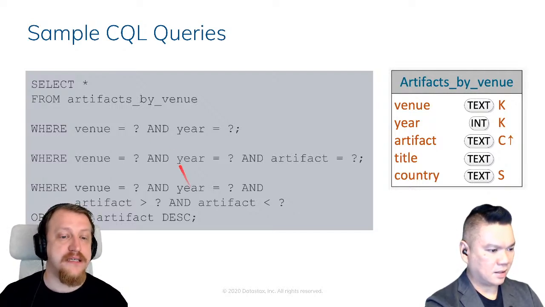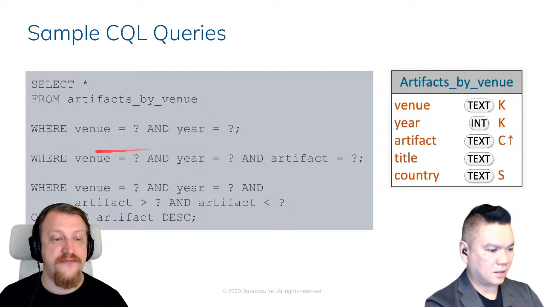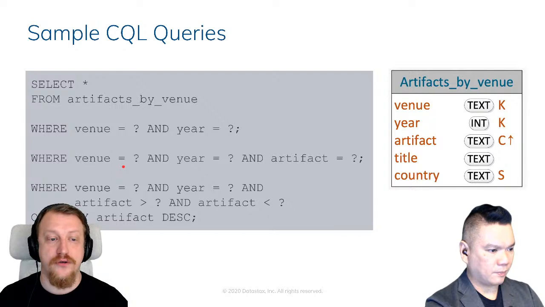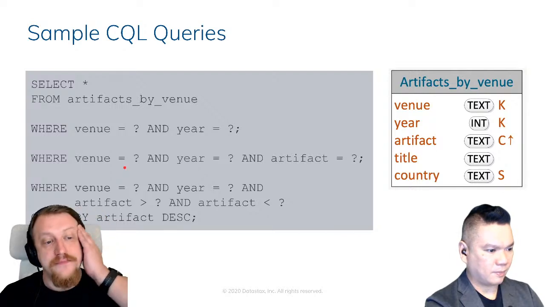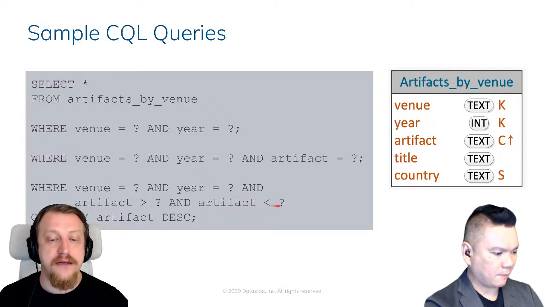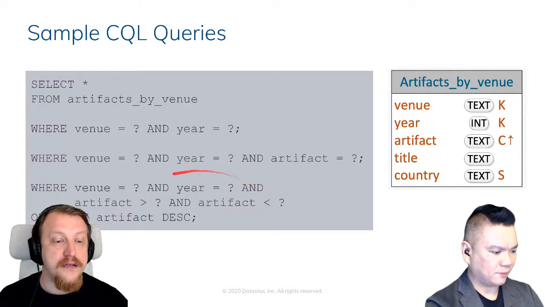Again, as long as we have venue and year specified for this example, we know which partition to ask, which means we know which server to ask. Finally, where venue equals and year equals and artifact is bigger and artifact is smaller, so in a range. Will it work? Yes, absolutely.